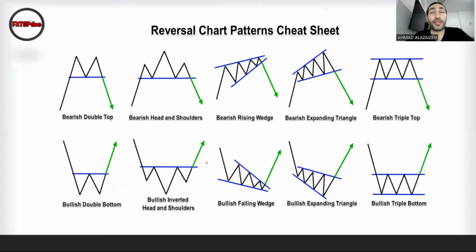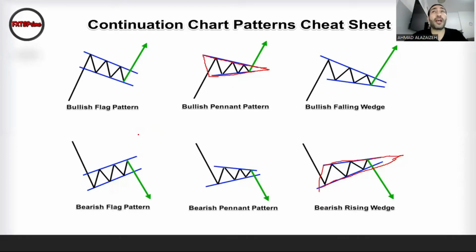Those are the reversal patterns. In the continuation patterns, how it works is the trend is either going up or down. If it's going up, you have a movement uptrend, then you have a consolidation or pattern, then it is breaking and continuing up.